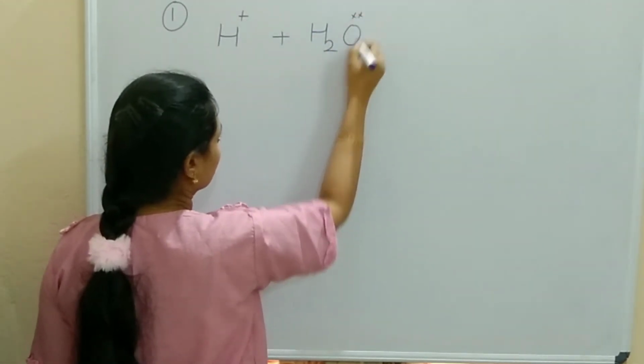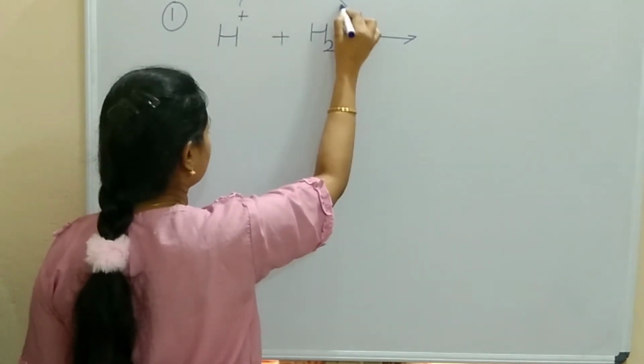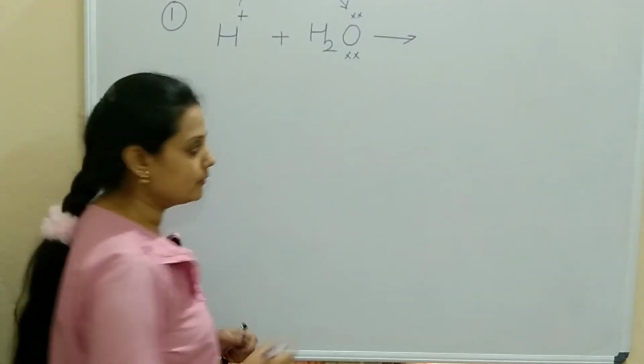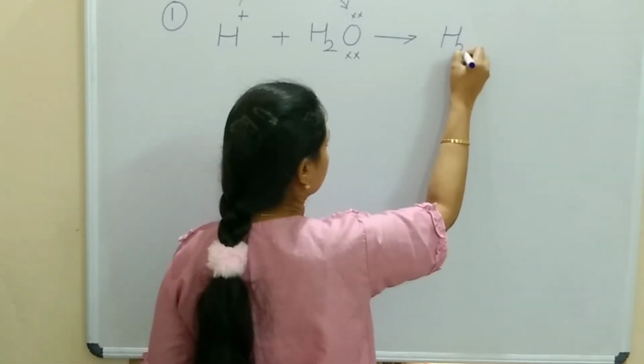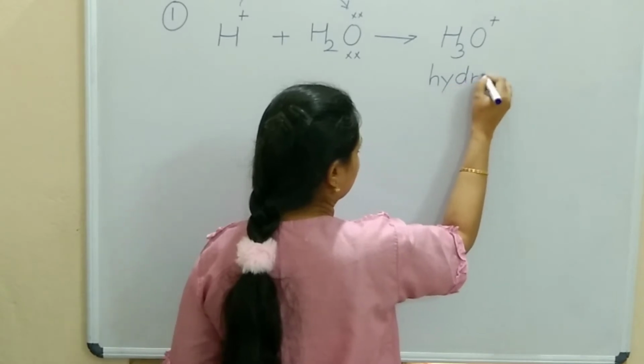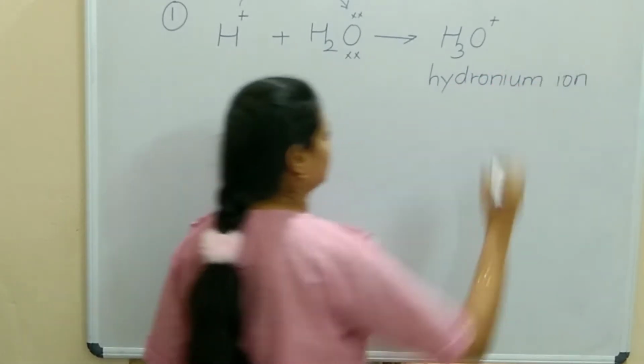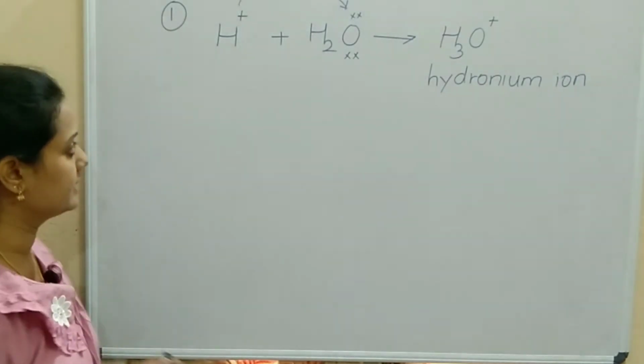Correct. Now oxygen has two lone pairs of electrons here. So H plus will attach to the oxygen. What will it form? It will form H3O plus, that is the hydronium ion. Correct. So that is the first step.